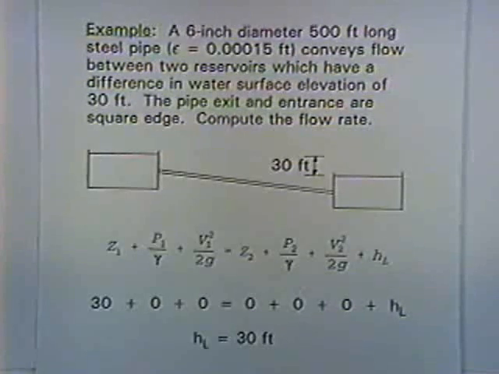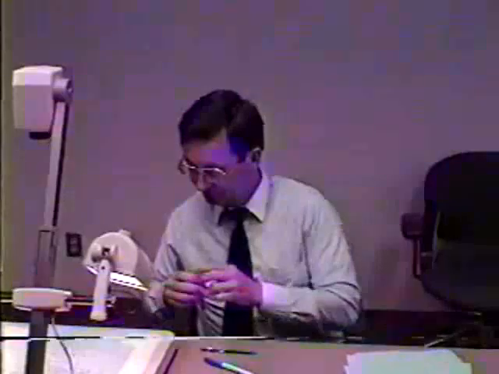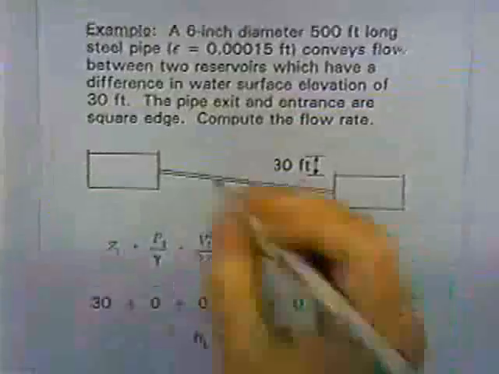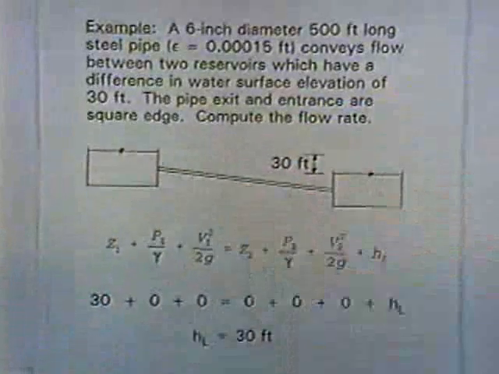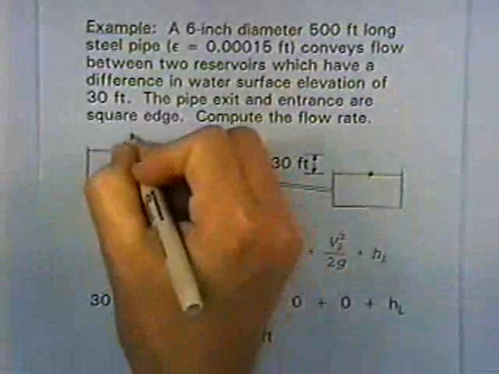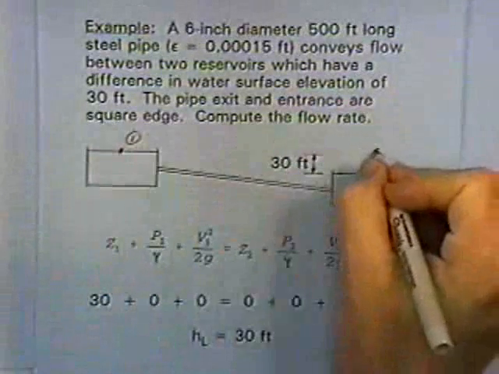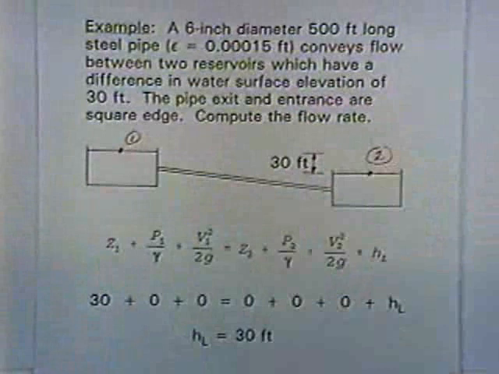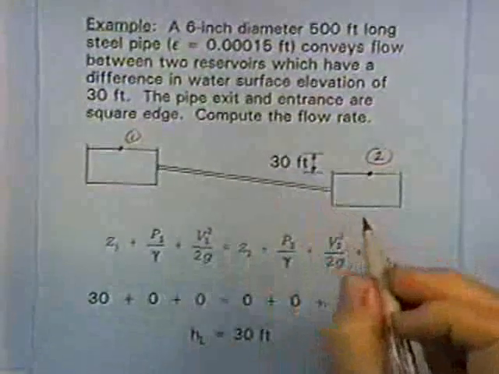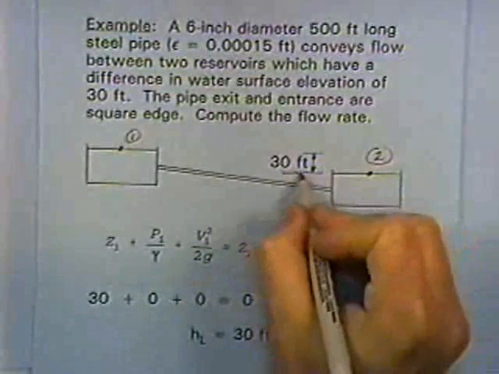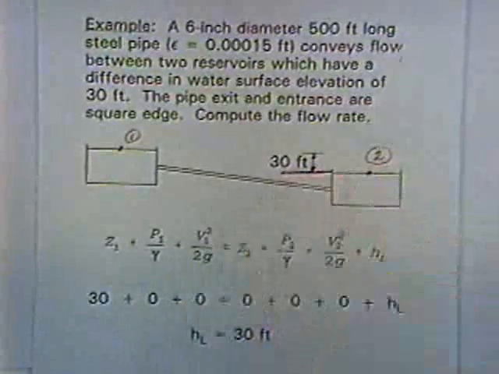We compute the flow rate. If you pick a couple of points, let's say pick this point in the water surface and this point in the water surface, and call this point 1 and call this point 2. You write the energy equation between those 2 points. We're using gauge pressure, meaning atmospheric pressure is 0. We need some datum, and it would be convenient just to call this our reference datum for elevation head.